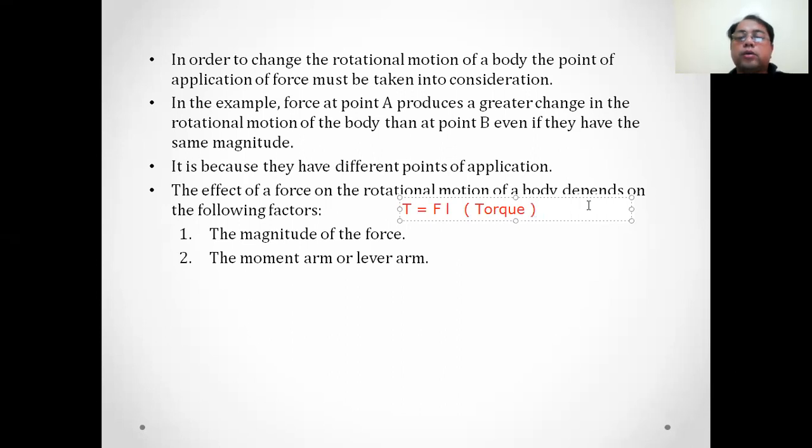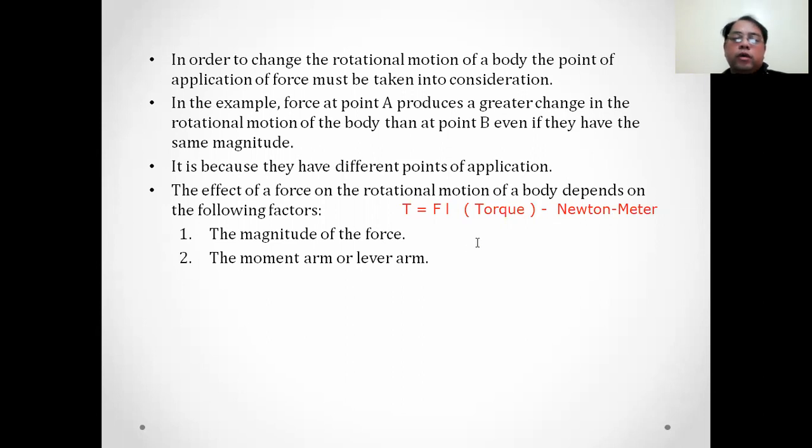If force is in Newton and distance is in meter, usually our unit for torque is Newton meter. That's the product of a force times its distance. When we went to our work energy concept, we equated Newton meter to joule. But this time, when we refer to torque, we will just call it Newton meter. Let's just avoid using the word joule.